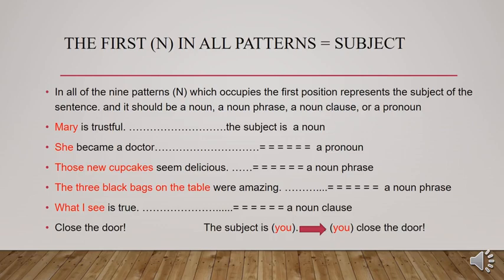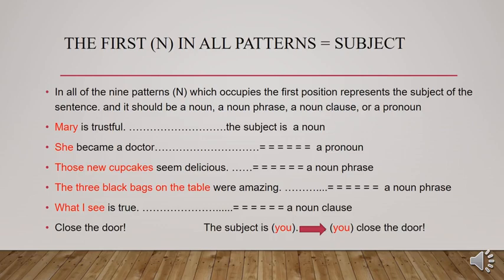But this noun can be a noun alone, or it can be a noun phrase, a noun with modifiers, or a noun clause, a sentence that acts as a subject, or a pronoun like he, she, it, they, etc. Let's see these forms of the subject in sentences.